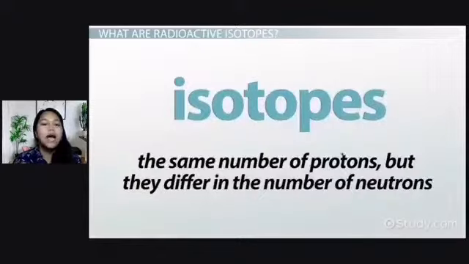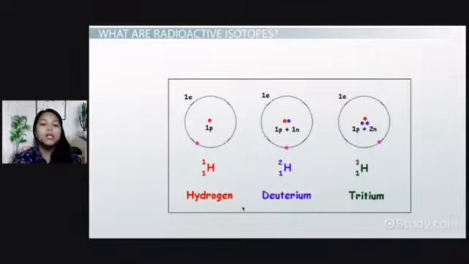Okay, now when you say isotopes, these are elements with the same number of protons but different number of neutrons, and so their atomic mass would be different. So say you have these 2 or 3 different types of atoms, pare-parehas po yung number of protons nila, pero iba yung number of neutrons nila.